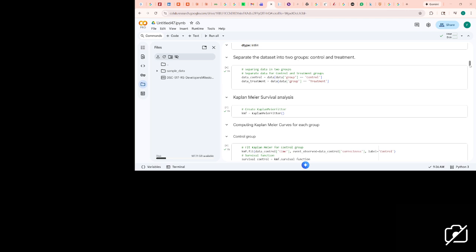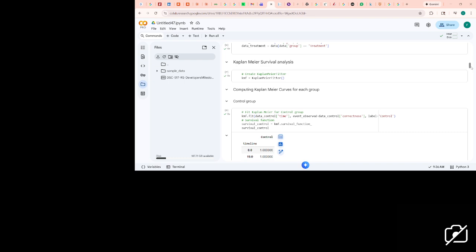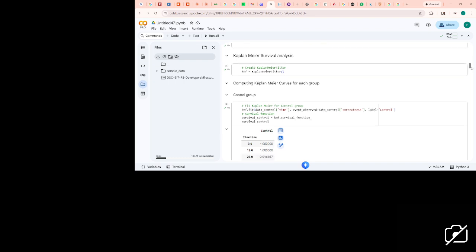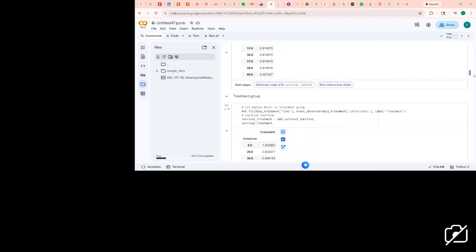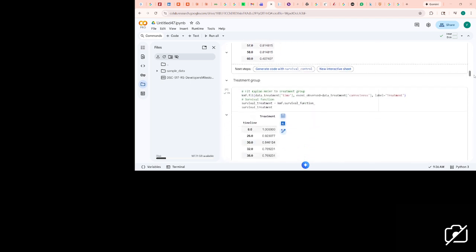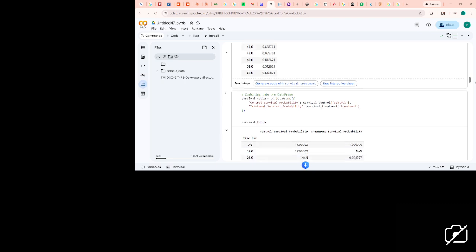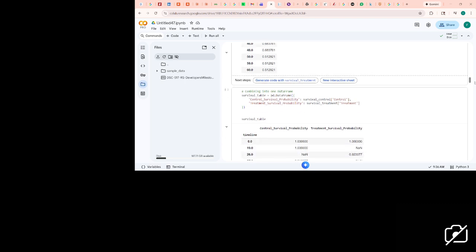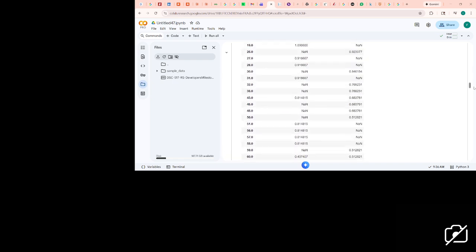Then we computed the survival probability for the control and called the table using the survival function. We did the same for treatment. Then we combined them into a data frame, a table.